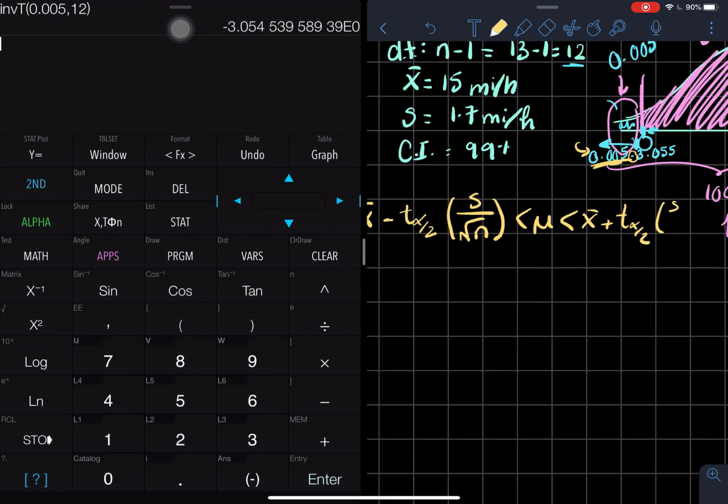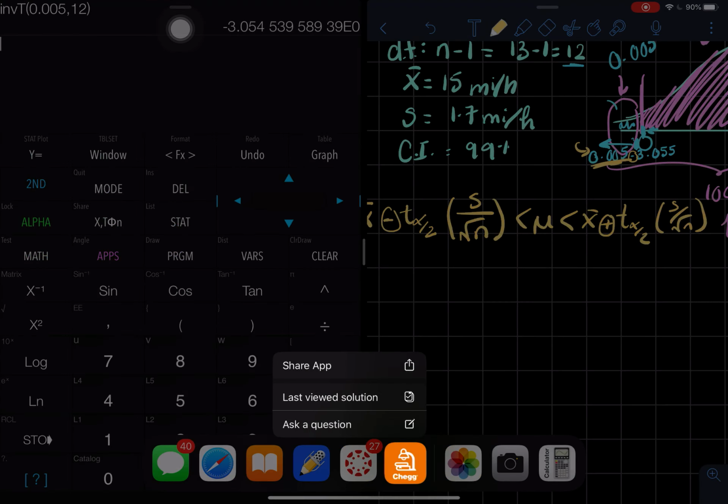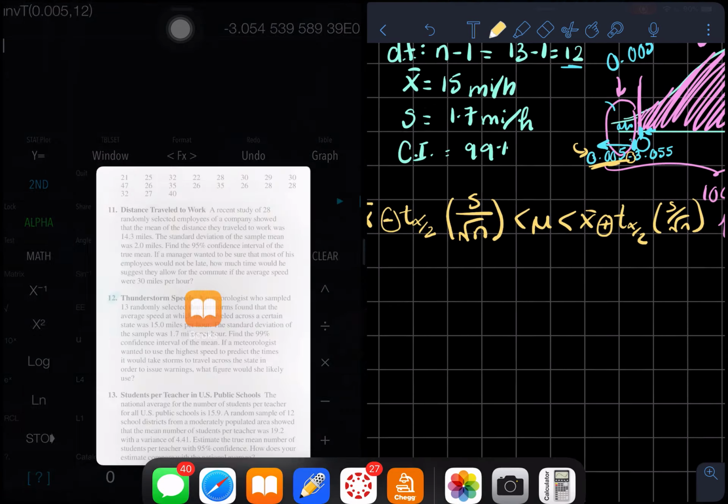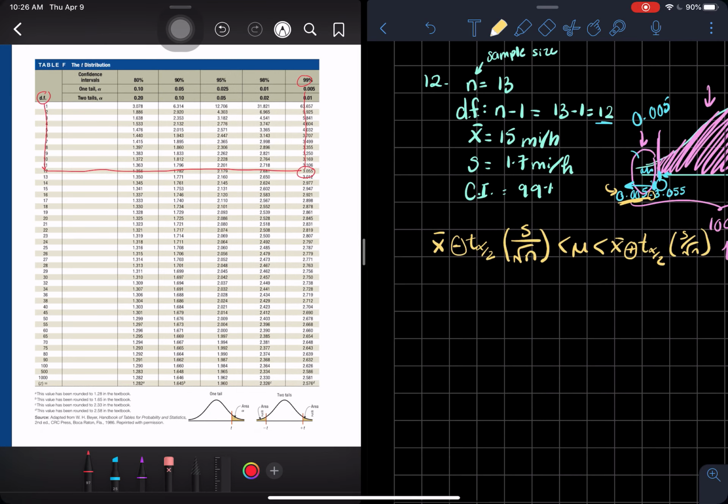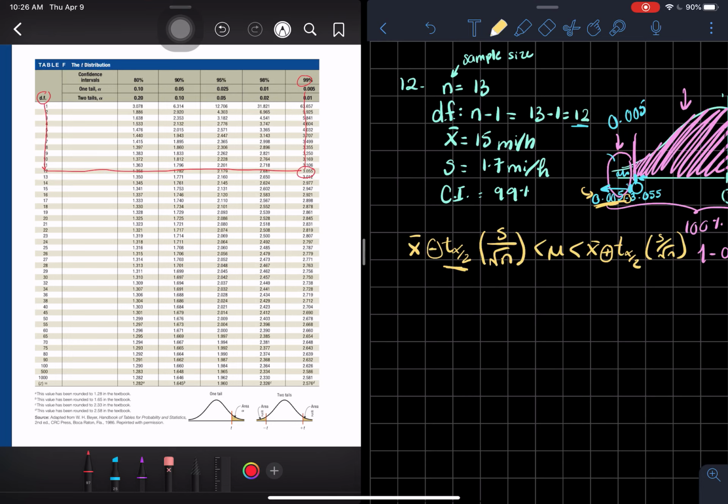Same thing, except this time this is negative, this time this is positive. One thing to remember: even though this t-score is negative, this is always the positive one. Always, always, always. They really should have just used the absolute value of t alpha over 2, because whatever score you get, even if it's negative, just make it positive.